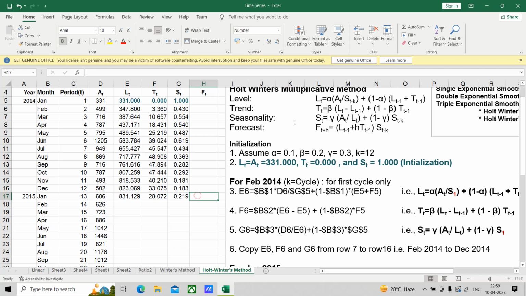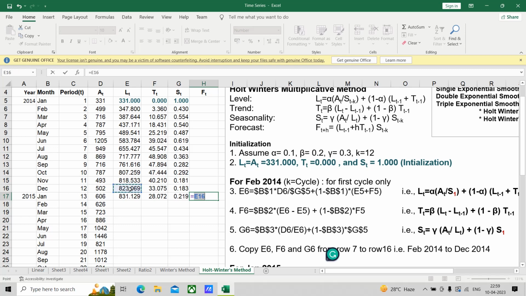We will enter the fourth formula in this cell. First we press equal, and then L(T minus 1), T is 13, 13 minus 1 is 12. So we require L12, and this L12 is nothing but this E16.